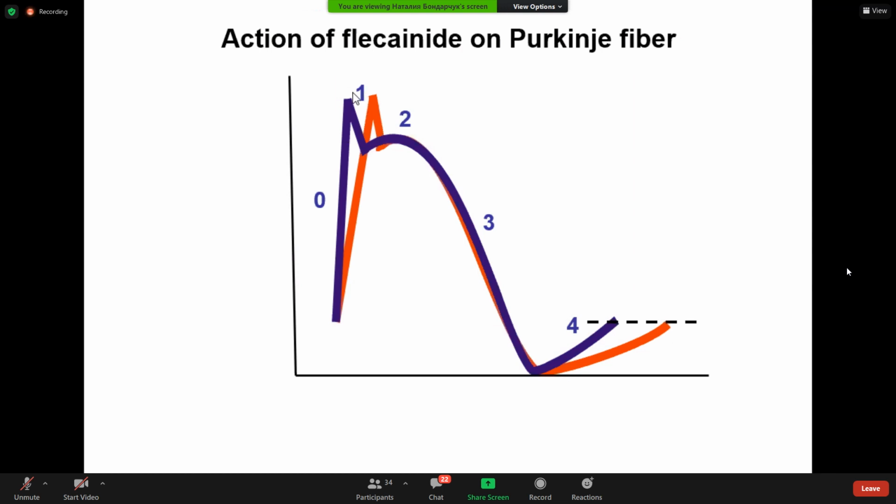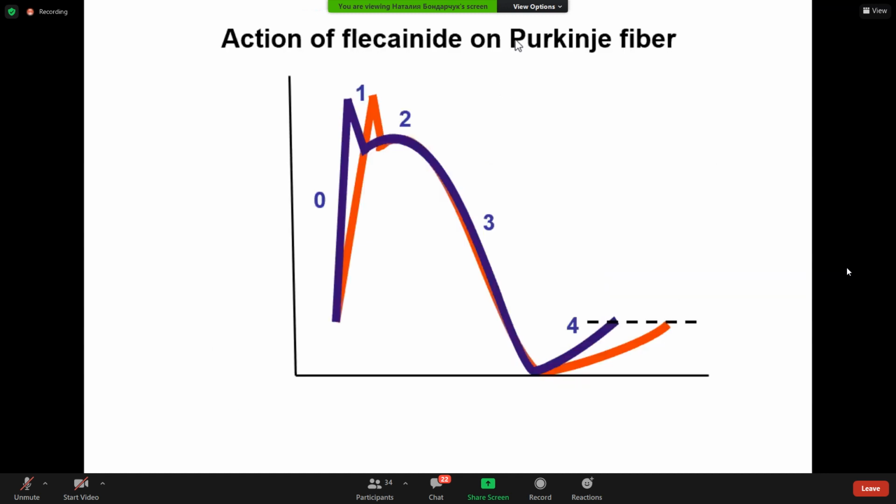So, due to inhibition of sodium channels during the zero phase, flecainide increases duration of the zero phase, thus it reduces conduction and excitability of Purkinje fibers. And second antiarrhythmic mechanism of action: due to inhibition of sodium channels during the fourth phase, this drug prolongs it and reduces the automaticity of Purkinje fibers. And if we are speaking about ERP duration, flecainide almost doesn't influence it.